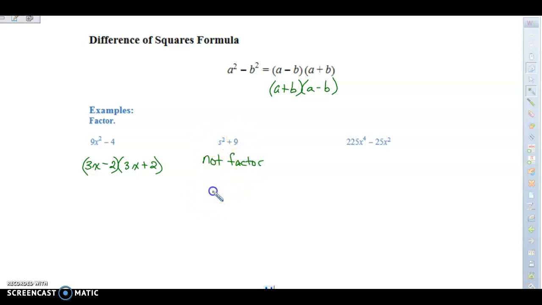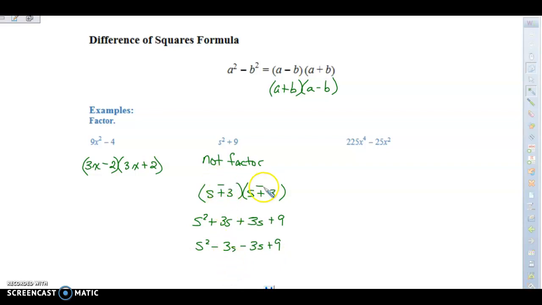If I were to try it and had s as both, because it's s squared, and then the square root of 9 is 3, it's positive, so it's either going to be both plus or both negative. And if I were to go ahead and multiply that out, I would have s squared plus 3s plus 3s plus 9, or I would have s squared minus 3s minus 3s plus 9.